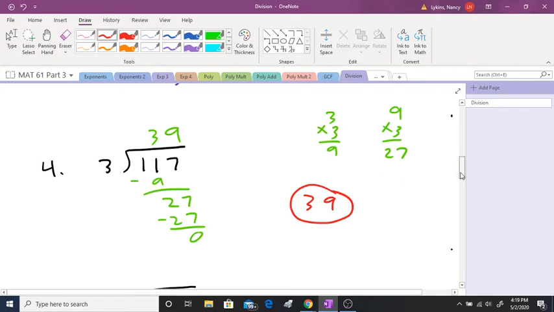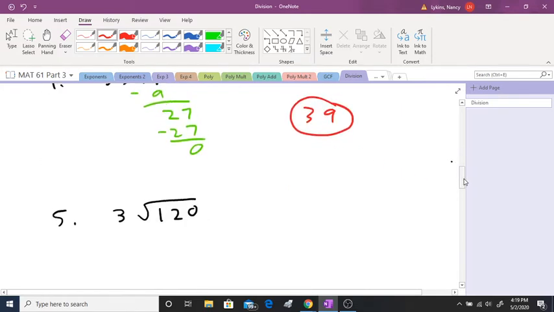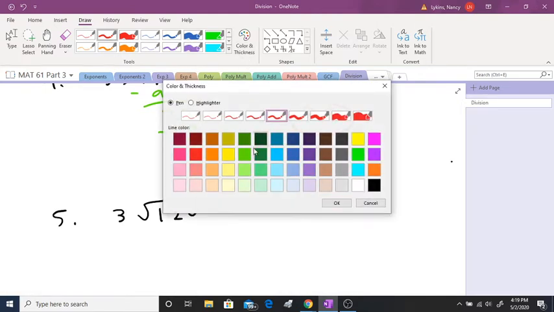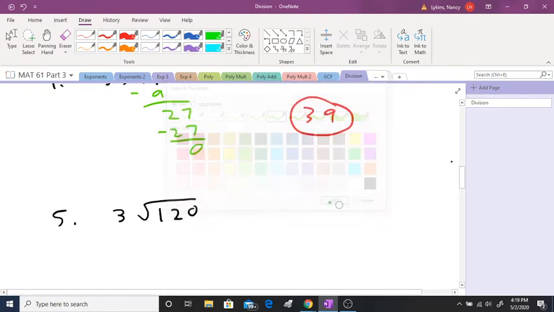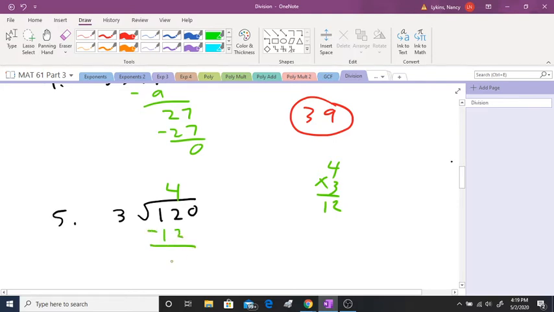Now I'm going to use 3, but now I'm going to say, how many times does it go into 120? Well, 3 goes into 12. So you're wanting to know, 4 times 3 is 12, so I know that it's going to be 4. So 4 times 3 is 12. I'm going to subtract. Now I've got a 0 here.